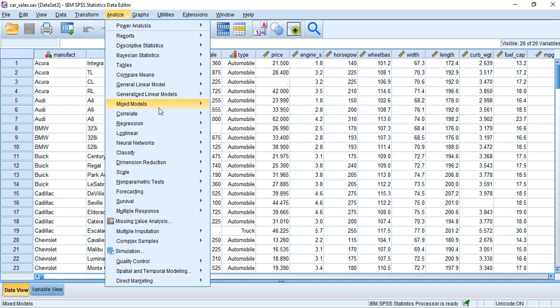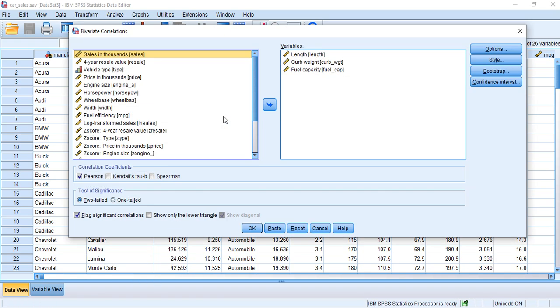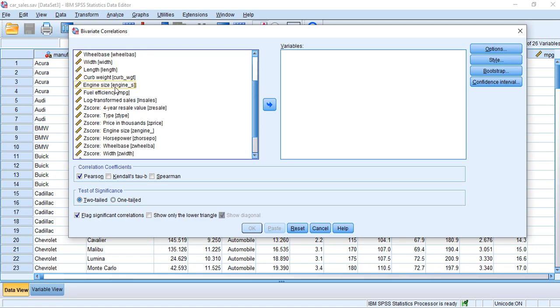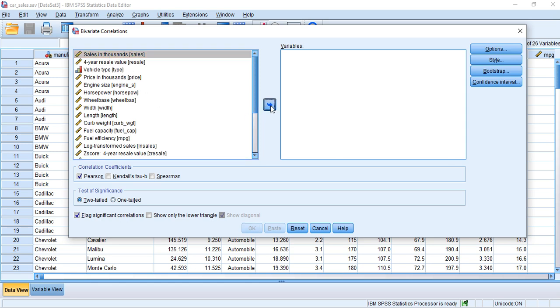We can go to the Analyze tab, Correlate, and choose Bivariate Correlations. So we can try to determine what variables determine the sales or the prices of the cars in this station. We can first determine our dependent variable. Here we have sales in thousands, so we can make sales our dependent variable.